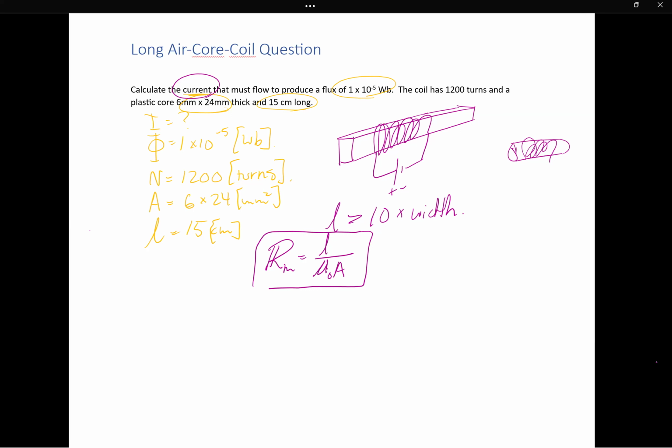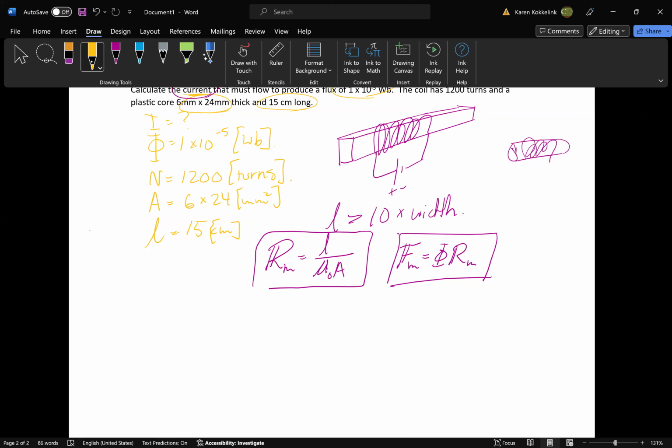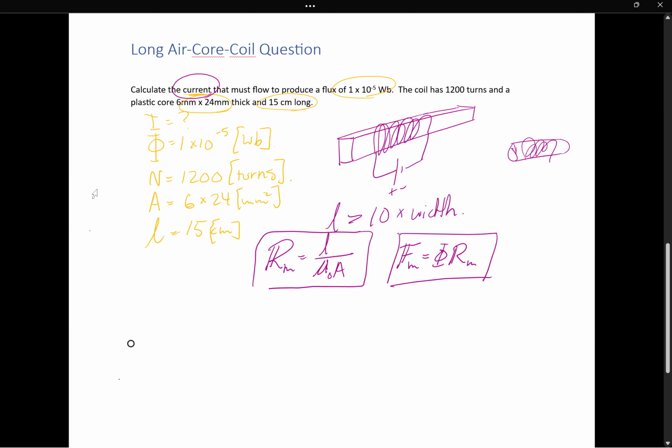And we always know that the magnetic force that is making this flux get developed is equal to the flux times that same reluctance. So these are the two relationships that you're working with here. If I'm trying to solve for I, where do I find that in here? Well, in magnetics, we have to remember that a magnetic circuit is a lot like an electric circuit.